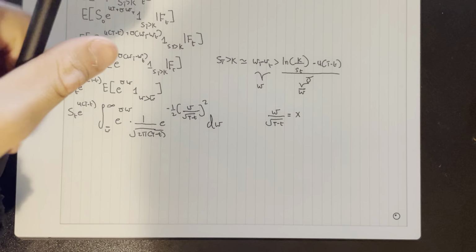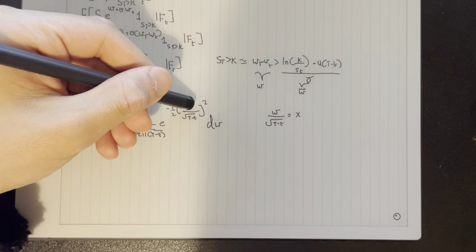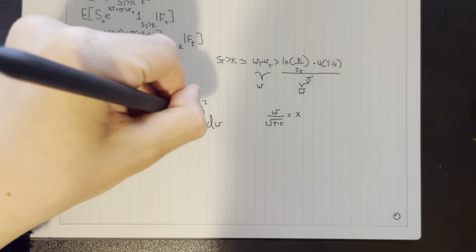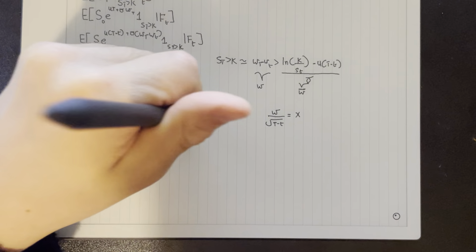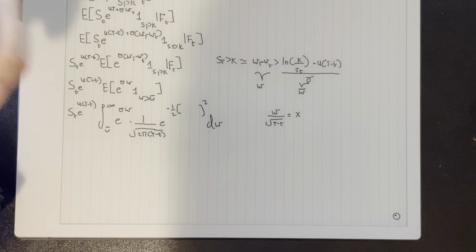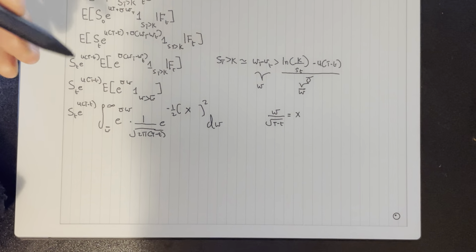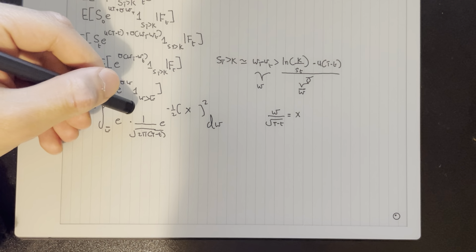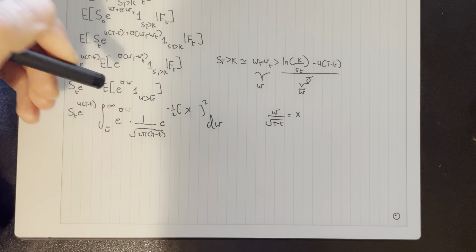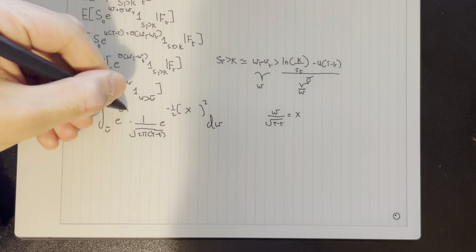So we can simply say that this is our standard normal. We will replace W divided by the square root of T minus t with x. And similarly, we will replace W over here with x multiplied by the square root of capital T minus little t.